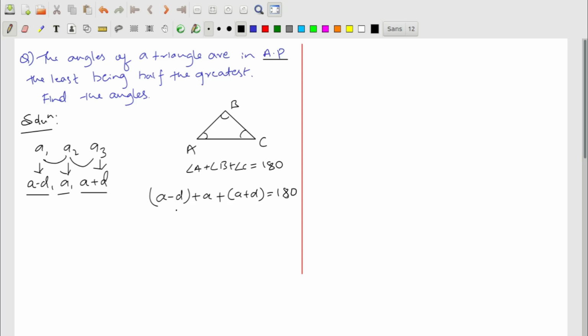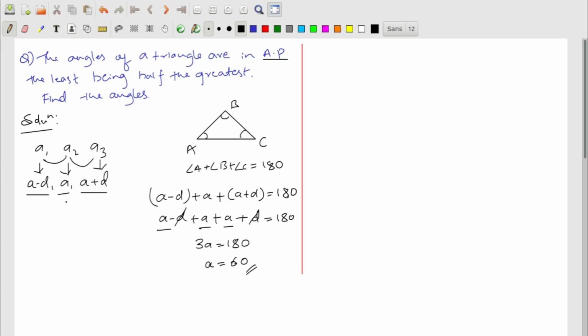Fine. So if you add these three, you will get A minus D plus A plus A plus D is equal to 180. Fine. So here we have minus D and then plus D. Just cancel out these two, and then we have A and A and A. That is 3A is equal to 180, right? So you will get A is equal to 60.